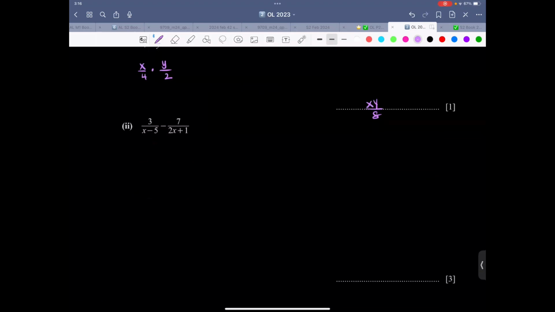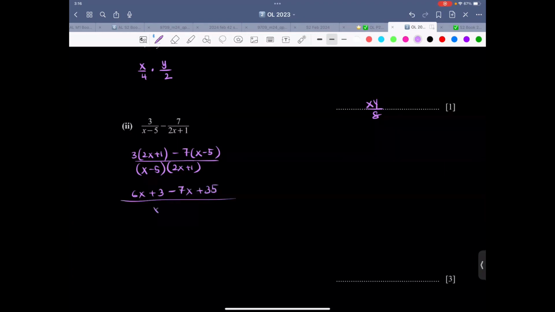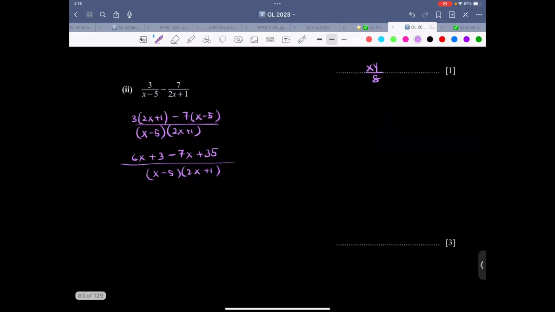This thing, simplification. 3 into (2x plus 1) minus 7 into (x minus 5), over (x minus 5)(2x plus 1). So this is 6x plus 3. And this is negative 7x, and 7 into 5 is 35, divided by (x minus 5)(2x plus 1). 6x minus 7x, that is negative x, and 35 plus 3 is 38, over (x minus 5)(2x plus 1).